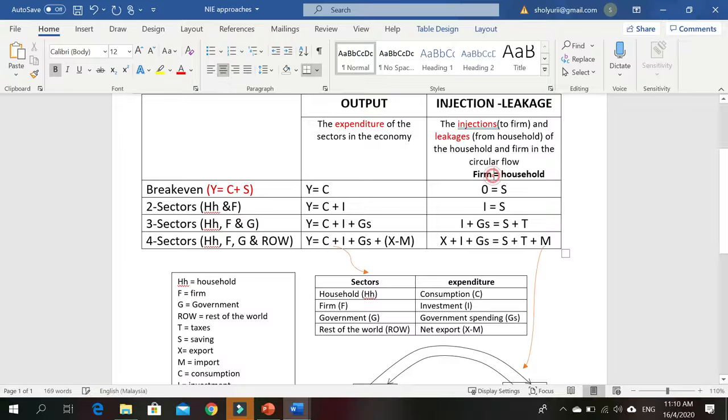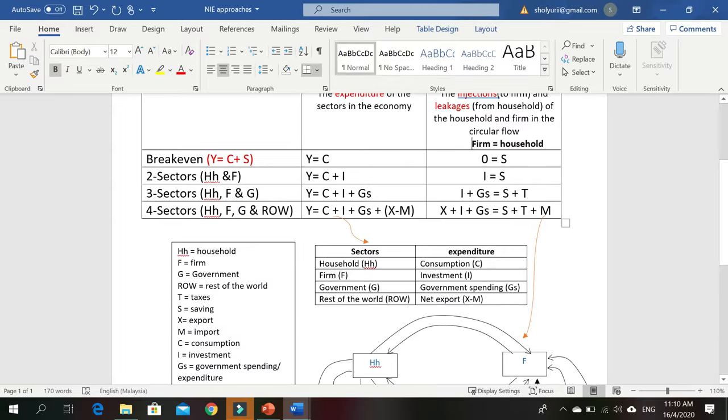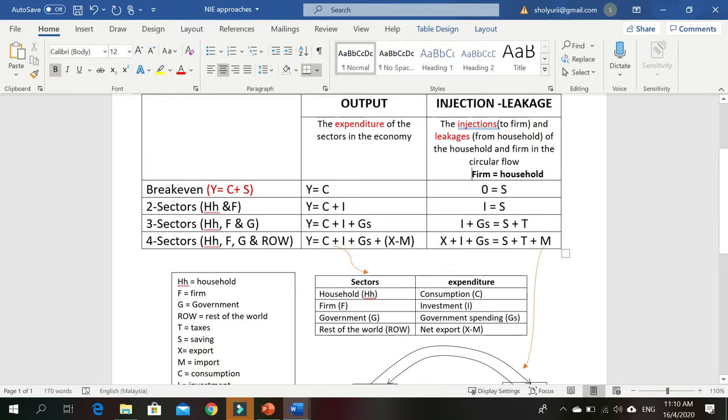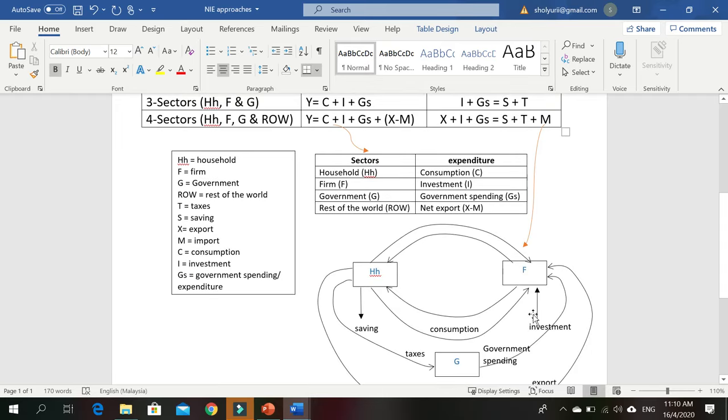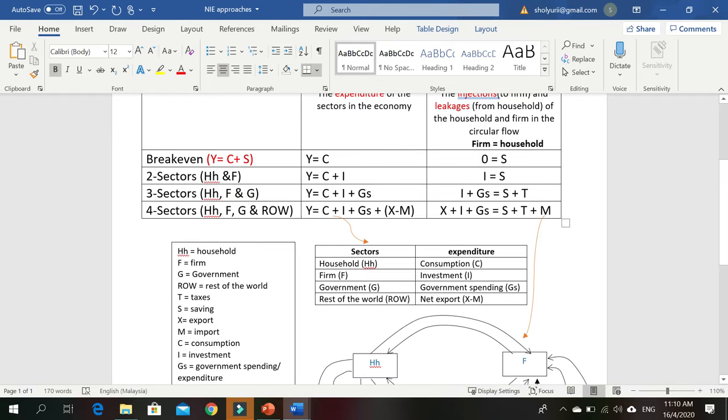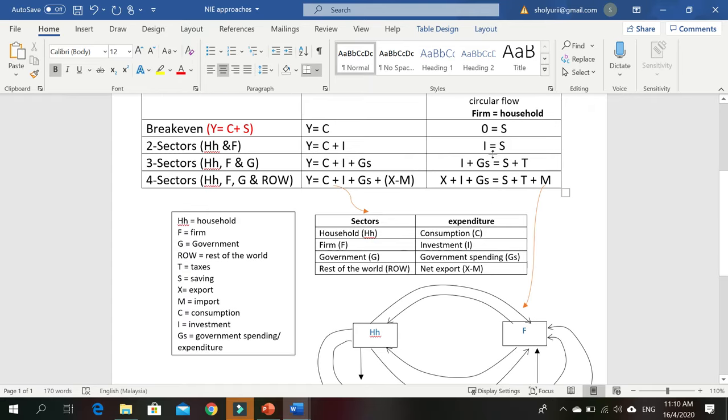Okay, injection kita akan tengok yang dari segi firm perspektif. Sebelah sini semua yang firm punya, yang ni household punya leakage. Okay, so kalau dua sectors, firm punya injection adalah investment. Duit masuk dia adalah investment. So investment. While untuk household kita tengok leakage dia adalah saving. So formula dia akan jadi I equals to S.